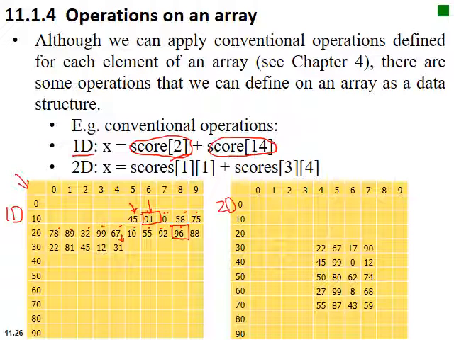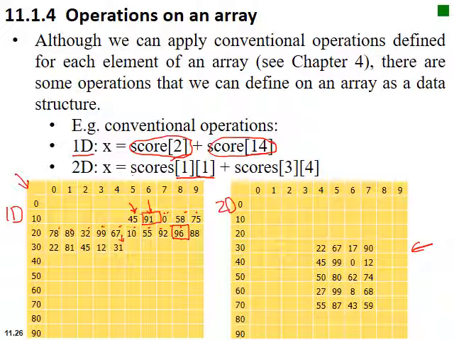In the two-dimensional case, to make it easy for us, I have formatted the array here as a two-dimensional array also in memory, but it's not necessarily going to be this case, okay? Just to make things easy. So in the two-dimensional case, when we talk about score 1,1, which element do we talk about?